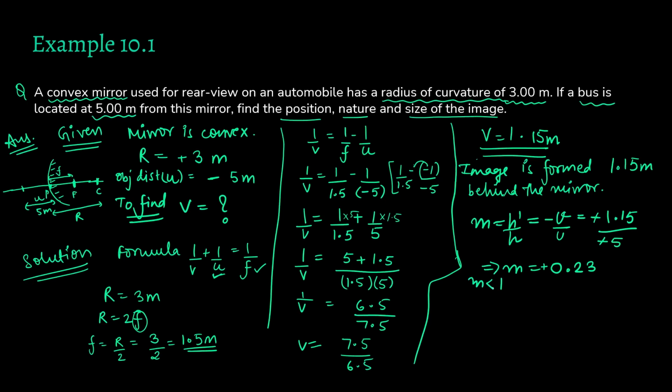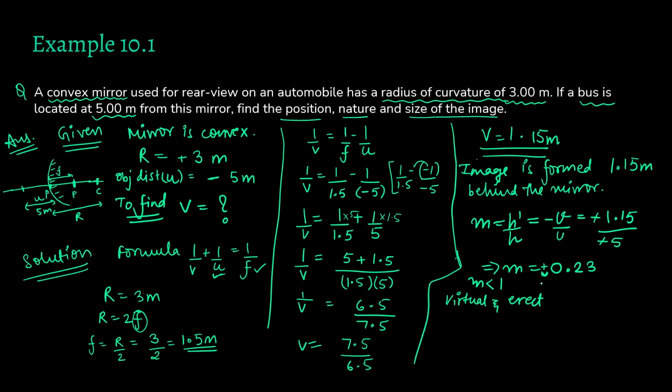So the image formed, you can also say this in addition to it. This would make your answer even more technically correct. The image formed is diminished, and you can write that as extra information. And then you will say, as there is a positive sign in the magnification, that means that the image is virtual and erect. That means upright.